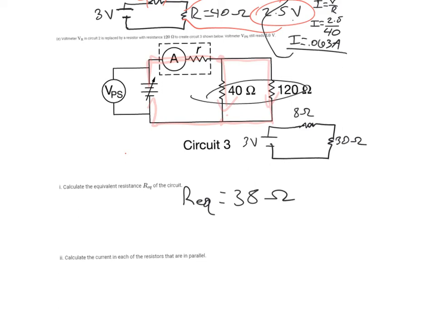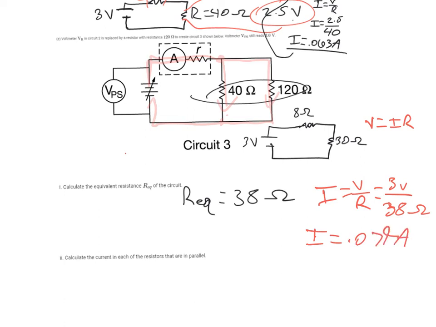Okay, so what voltage is this getting? Well, V equals IR. We need to know that I value. So remember, I is going to be V over R. So it's going to be 3 over 38, right? Because the total, it's 0.079, so I is your total current.